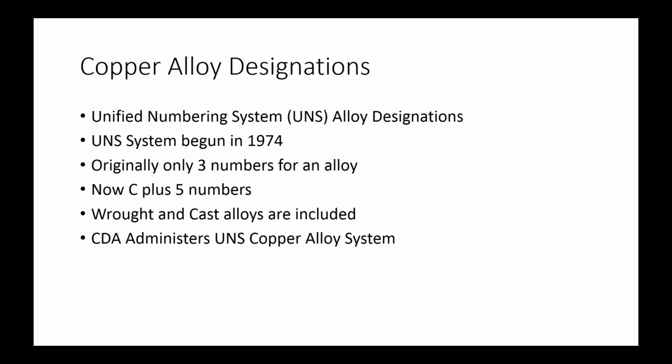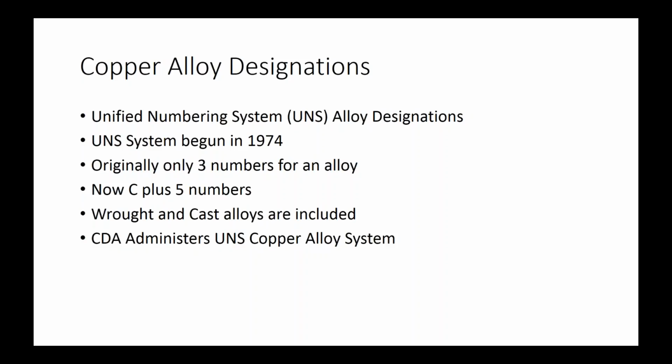Now the number is preceded by a C for copper alloy and 5 numbers. So it would be C26000. We needed the extra digits because we ran out of numerical space in numbering alloys some time ago, and we can use those extra digits. Copper system isn't as overburdened as some other systems numbering, but it's helpful.